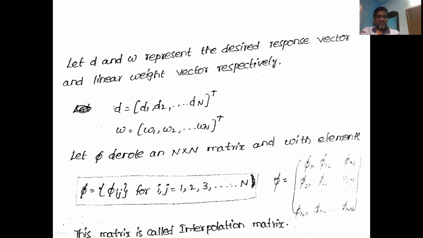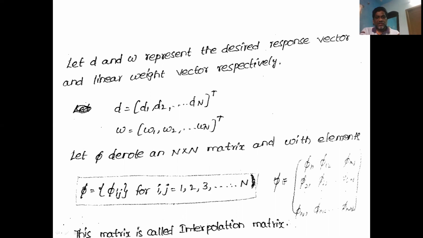Assume that these two are known, and the weight vector is what we need to calculate, which maps the input patterns into these desired responses. Let phi denote a matrix with elements phi ij, for i, j equals 1, 2, 3, and so on, n; for every combination this will be calculated.